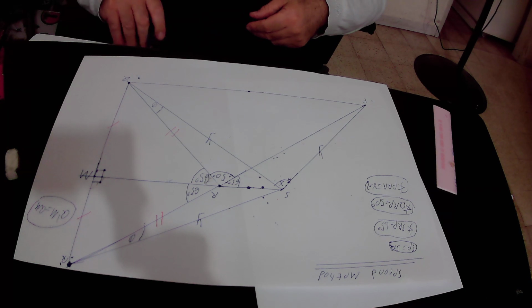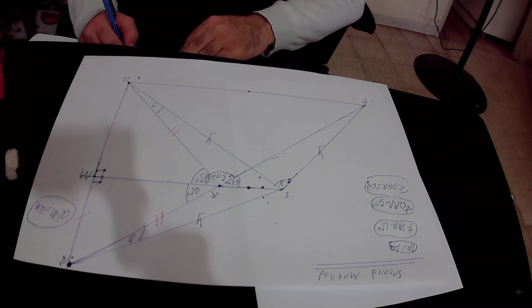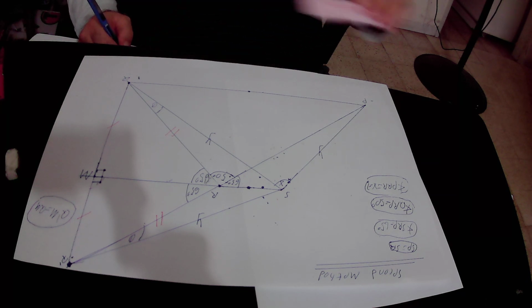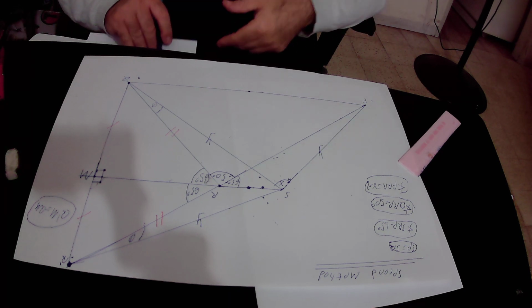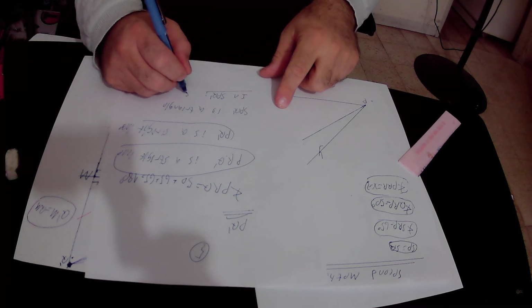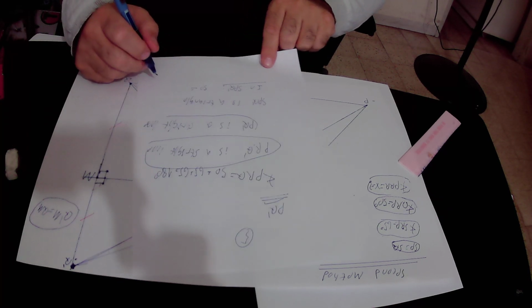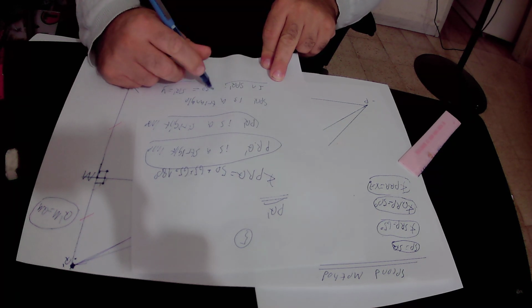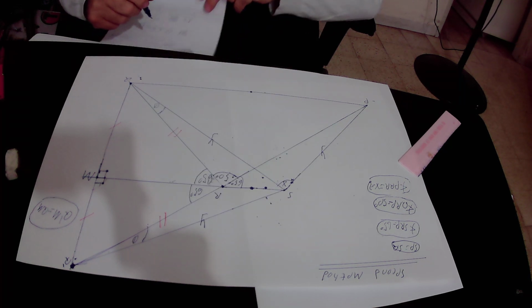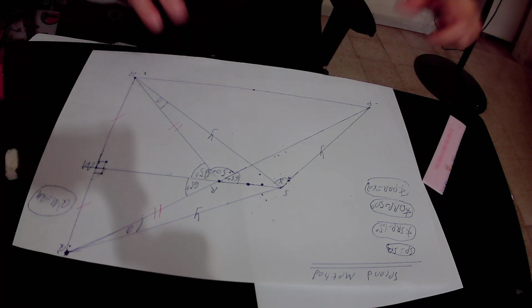So if you focus on triangle SPQ dash, in this triangle we know that side SP equals side SQ dash, and they are both equal to Y according to our definition. And we have the rule that states that in front of equal sides in a triangle there are equal angles.